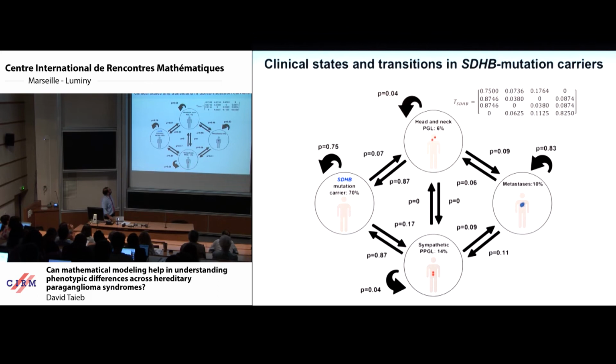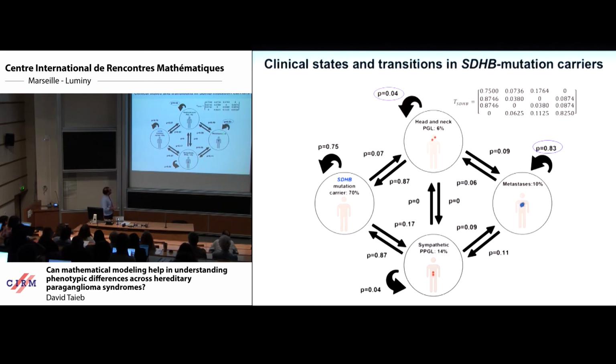What occurs in SDHB mutation carriers, and what the model provided, completely fits with all the observations from clinical data. These patients are characterized by a very low probability to stay in these steady states, head and neck or sympathetic. But when the tumor gives rise to metastasis, there is a very high probability to stay in this condition.